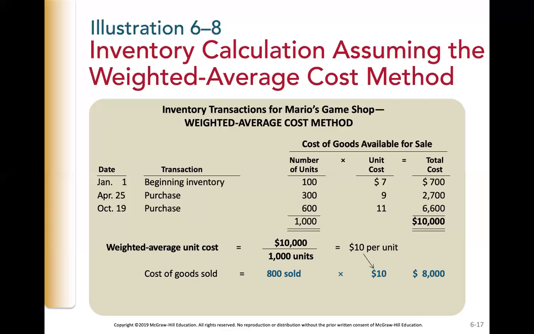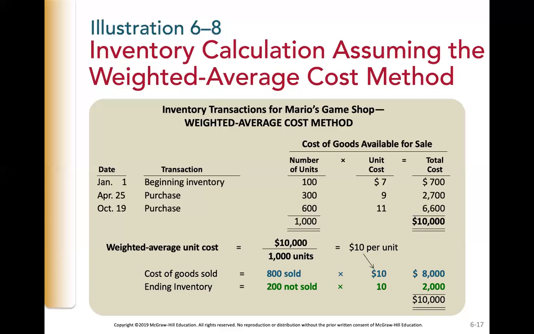We can then back into ending inventory if we want to. Remember, two things happen to goods available for sale. They're either sold or they're in ending inventory. If we had a total cost of $10,000 and we sold $8,000 worth, how much is left in ending inventory? Right, $2,000.